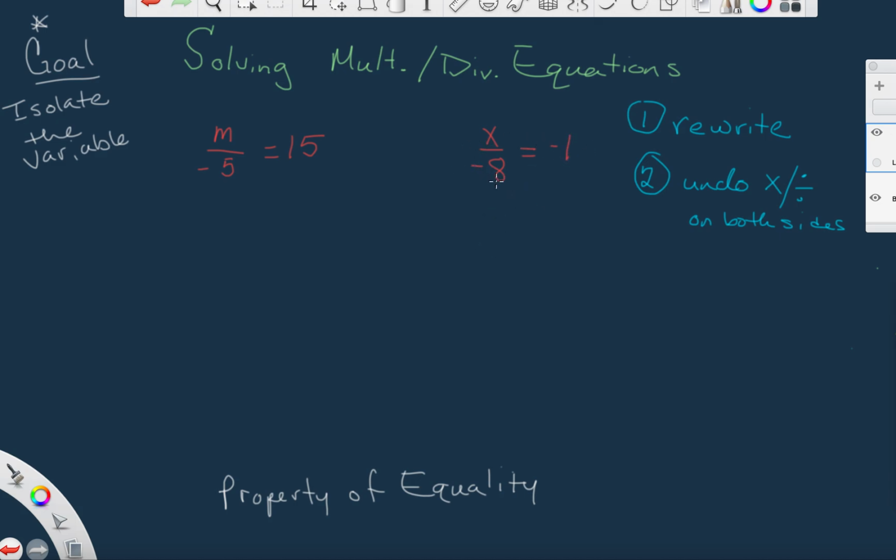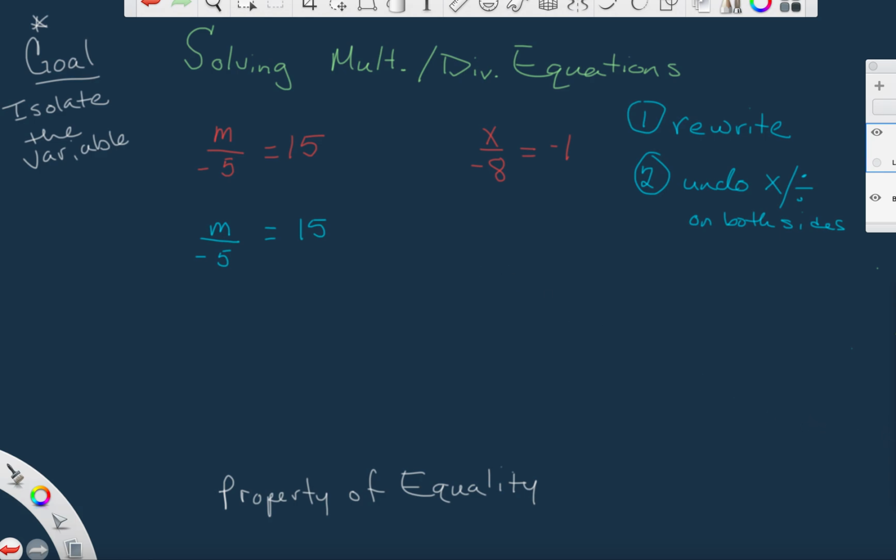Okay, so just like before, I want to go ahead and rewrite the equation because I'm going to perform some operation on it. The division problems are not such a big deal with writing around it, but I want you to get into the habit of seeing it again and then performing your operations on the second part.